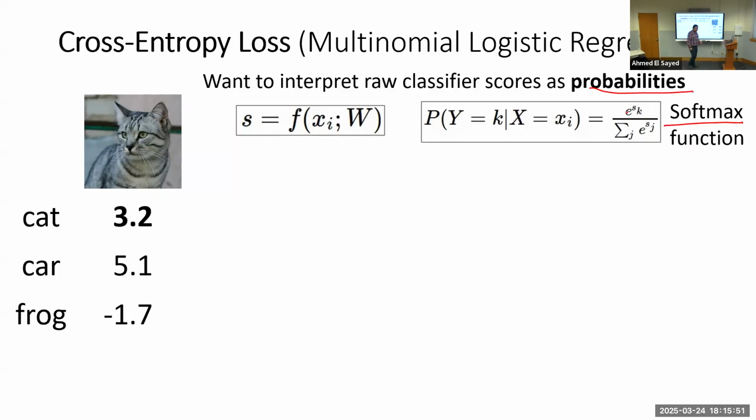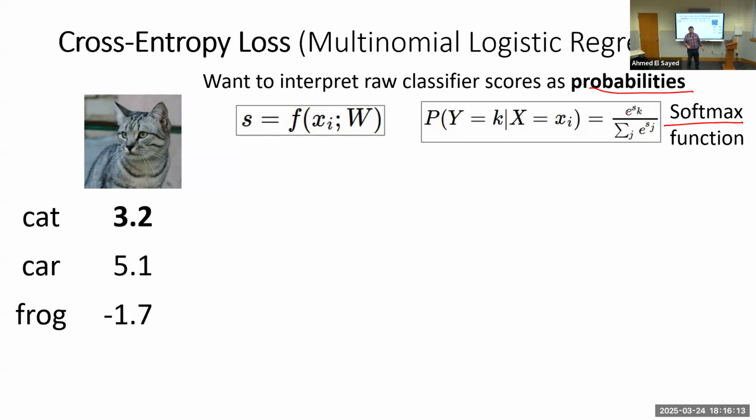Why E? Does it have to be E power something? The answer is no, it doesn't have to be. It can be 2 power the score, okay? But it needs to be an exponential function, because the exponential function will guarantee what?